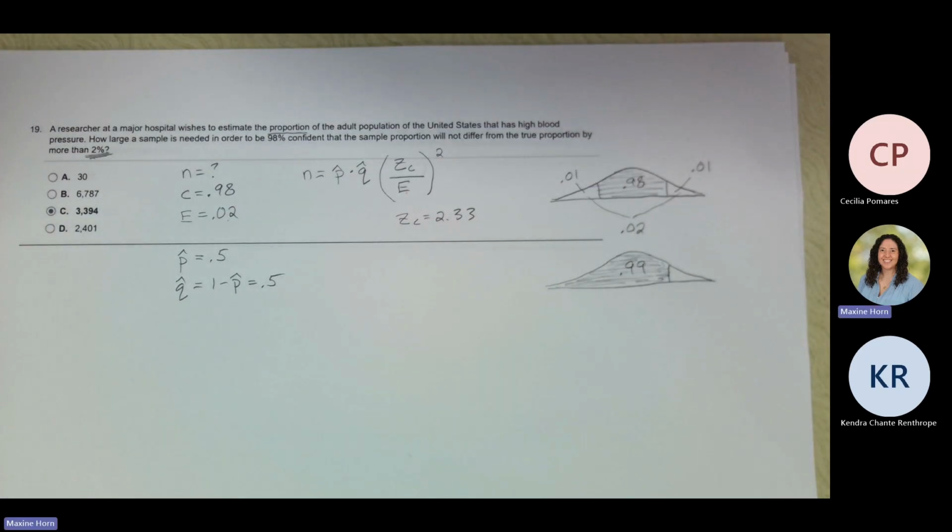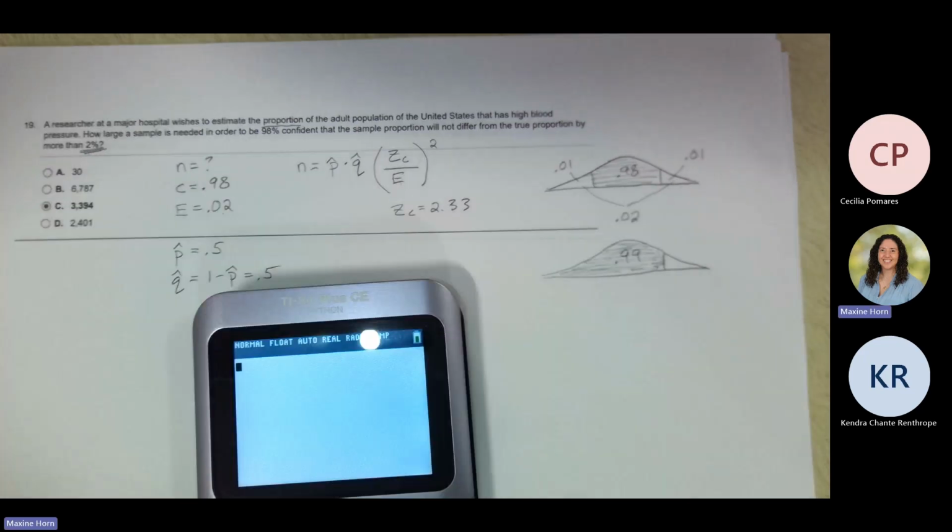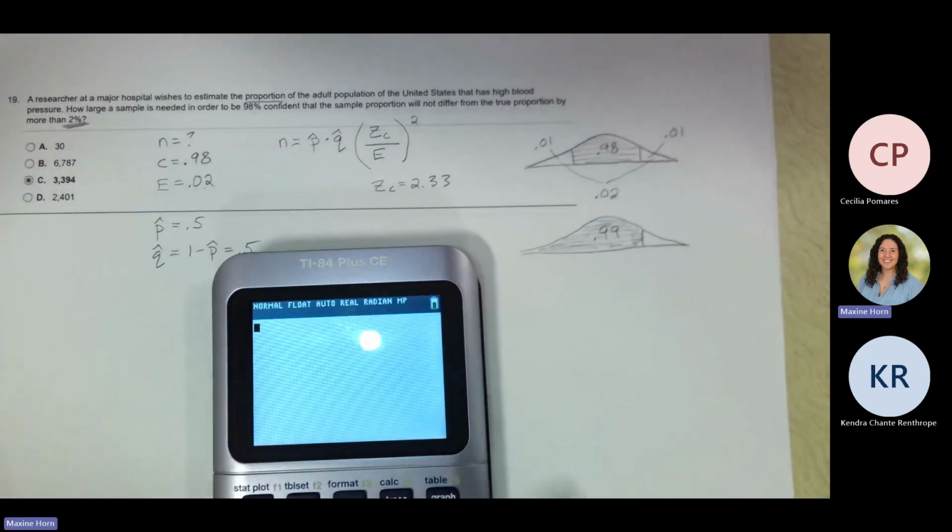If you wanted to do it in your calculator, oops, sorry, it would help if I actually put this up here.